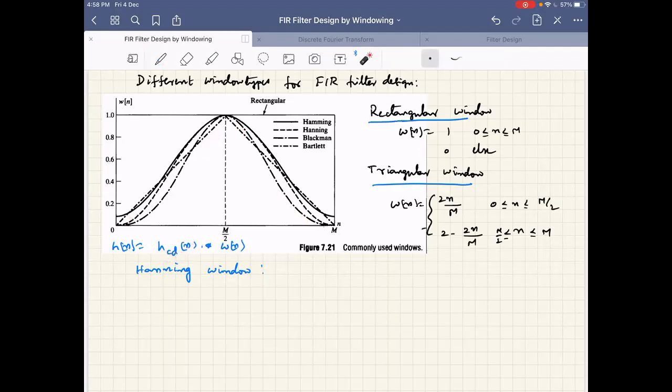Whereas the other windows, Hanning and Blackman, try to smoothly taper off the time domain impulse response coefficients. Because of this, the ripples will be small even for the same value of M, and the transition width may be slightly higher.